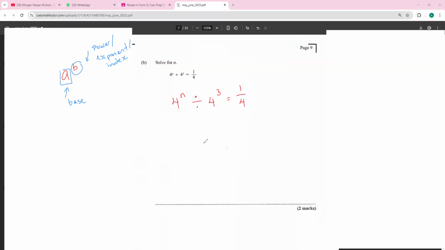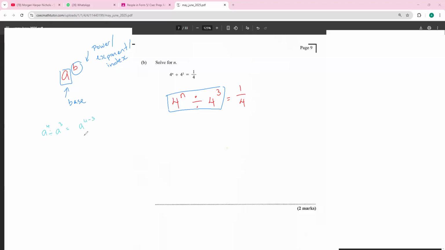All right, so if I look at the left-hand side, we are dividing, and we're dividing bases which are the same. Anytime you're dividing and the bases are the same, what we do is we simply subtract the powers.